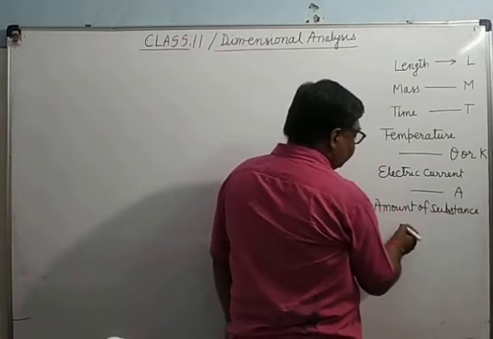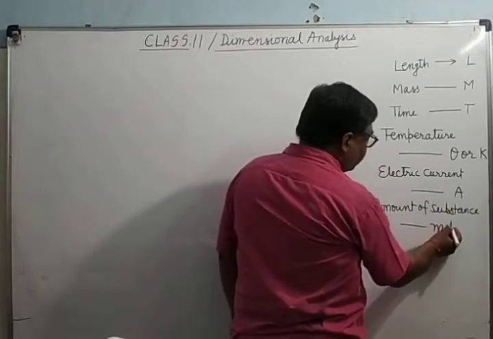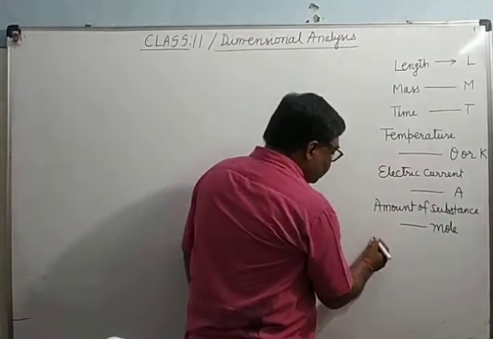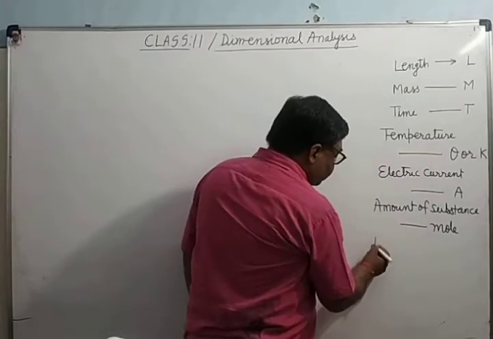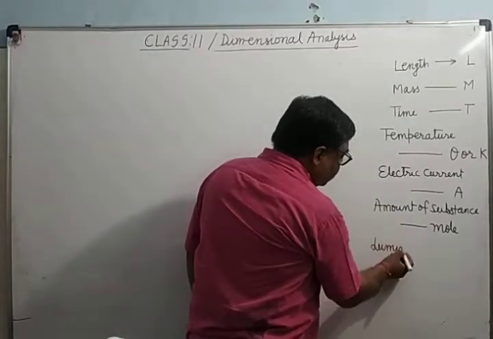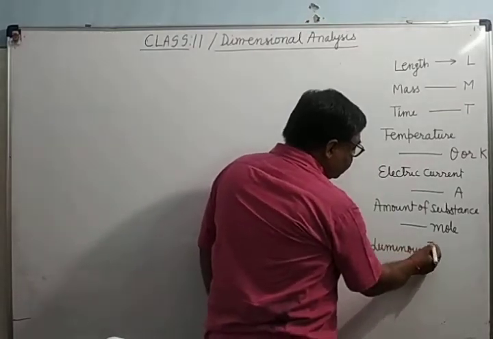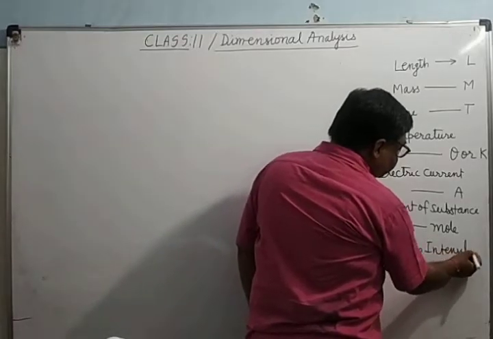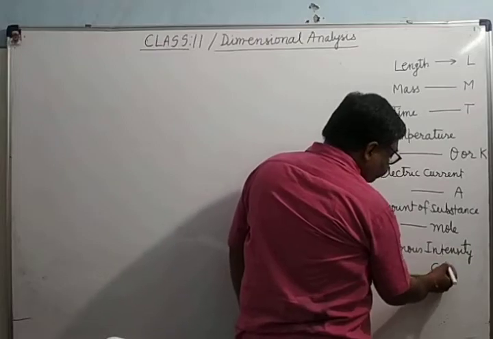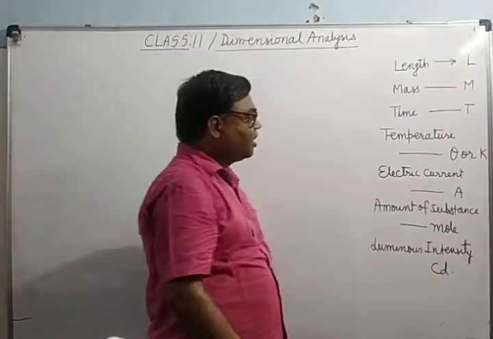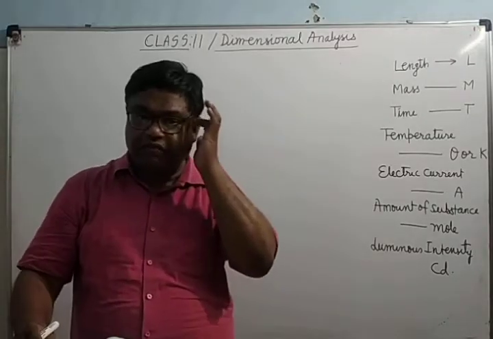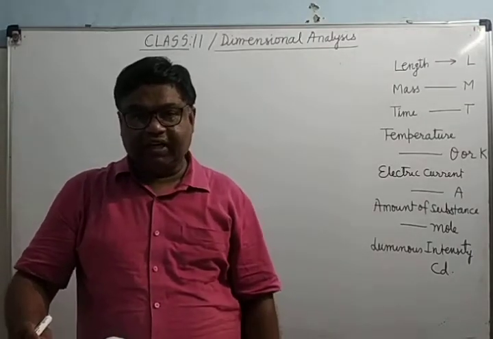We will write complete mole, MOLE. Some are writing MOL, that is also correct. And then luminous intensity, here also we will use CD. Then there are two supplementary quantities, and in case of supplementary quantities we will take radian and steradian.